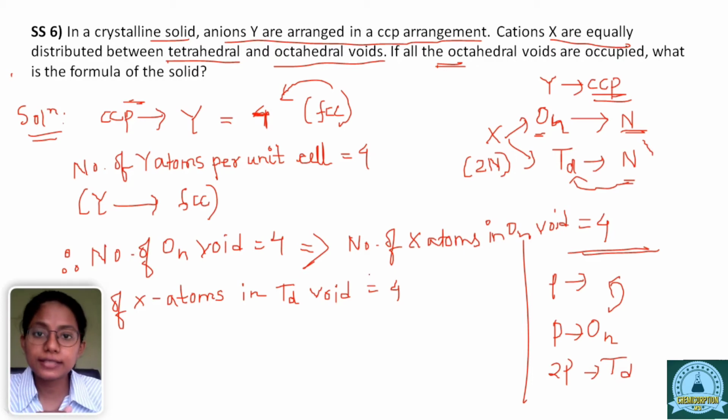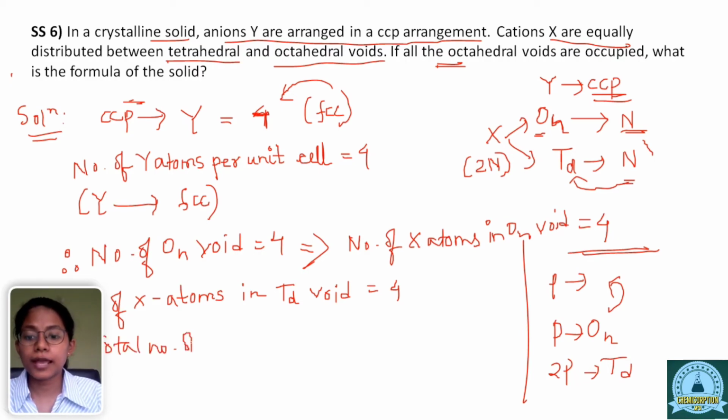So if n is the number of atoms present in octahedral void, then n is the number of atoms present in tetrahedral void. So the total number of X atoms is 8.